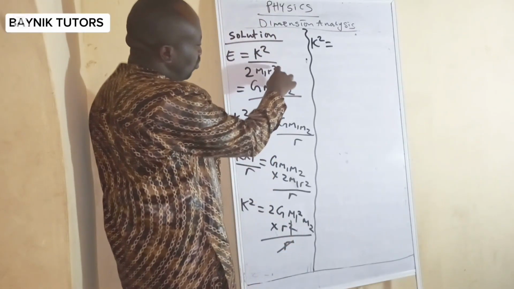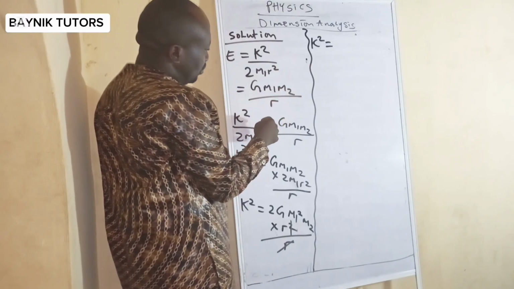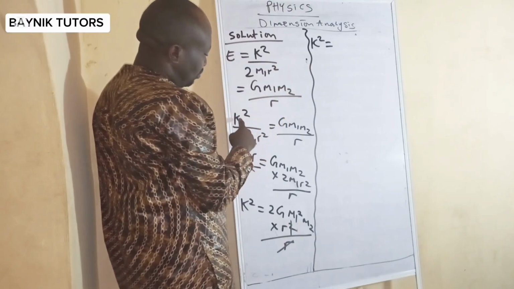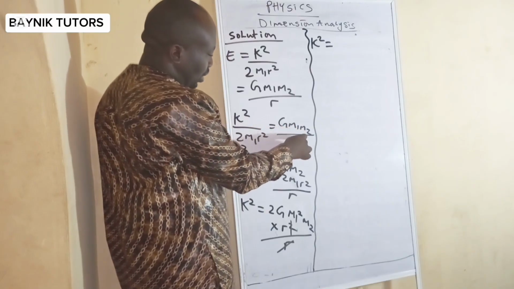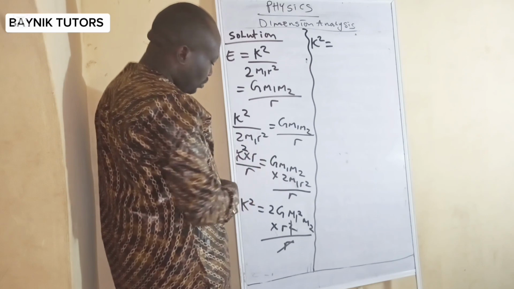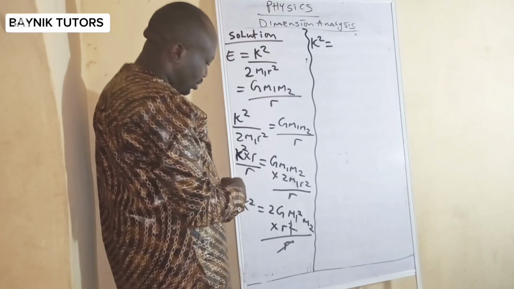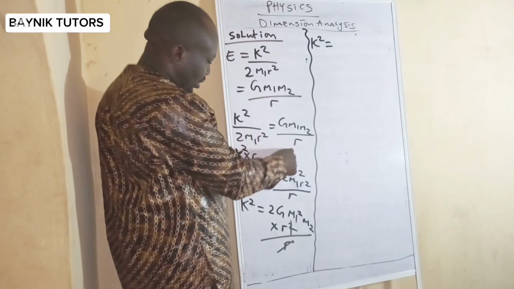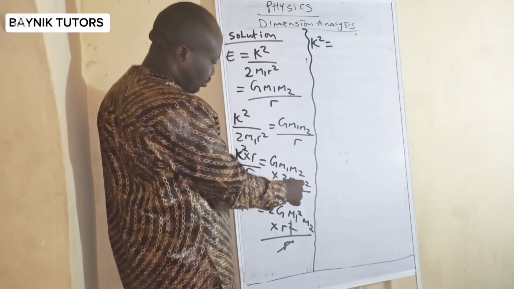K square over 2m1 R square is equal to Gm1 M2 over half. So if that is solved, we can now say from here, we cross multiply. So after cross multiplying this, we now say K square times half, then Gm1 M2 times 2m1 R square.